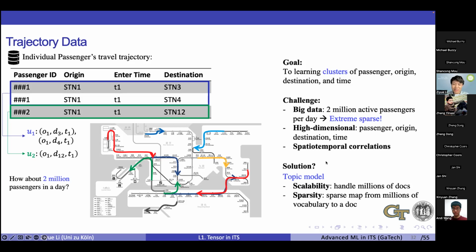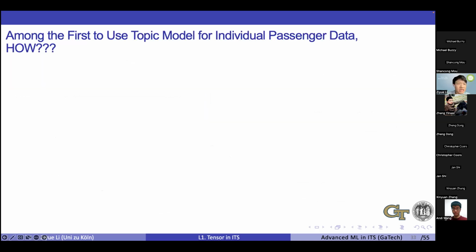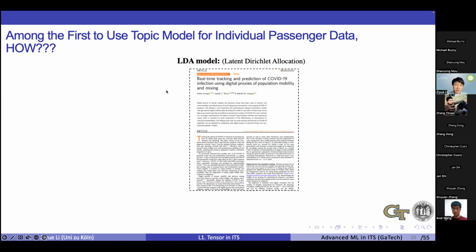Maybe it works, but how can we use the topic model for individual passenger data? So what is a topic model? There's a really basic famous one from back in 2010 called latent Dirichlet allocation.